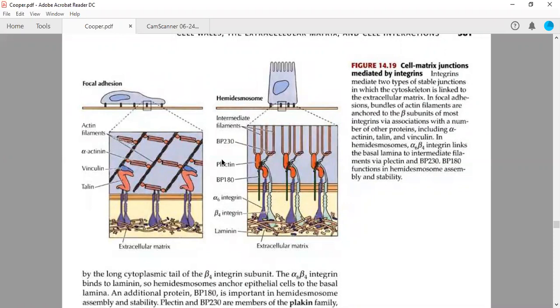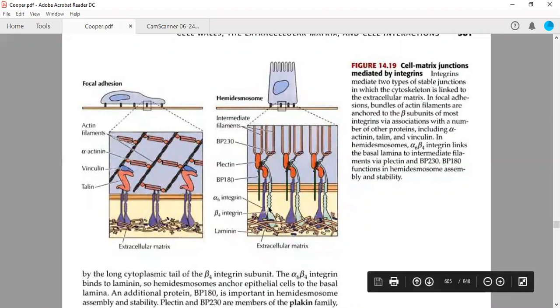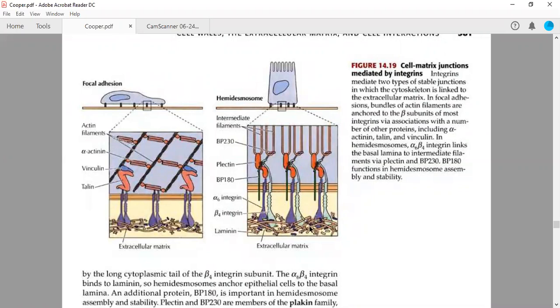There are certain other regulatory proteins also, for example, binding protein 180 and binding protein 230. So they are also helping. The major regulatory protein in the hemidesmosome is binding protein 230. There are certain other proteins, plectins and laminins, also there, so that the proper interaction between the cell and cell matrix happens. In focal adhesions, there are proteins called talin, vinculin, and alpha-actinin, which interact directly with the actin filaments.